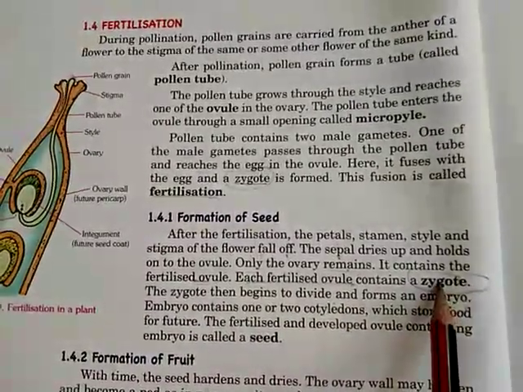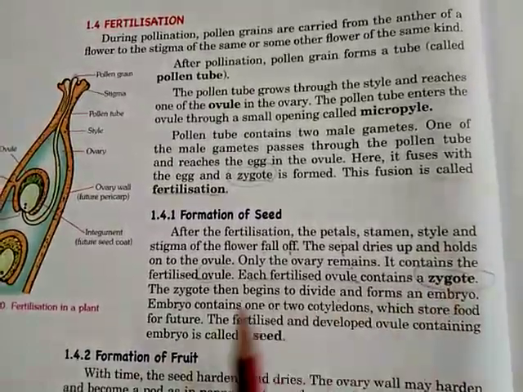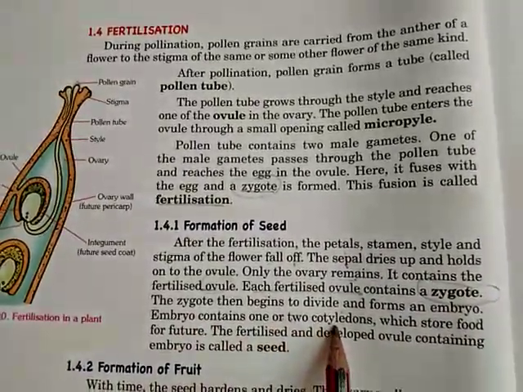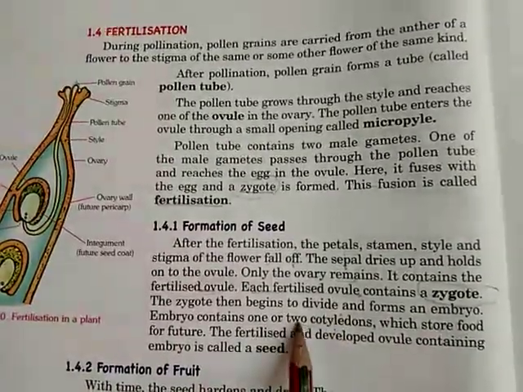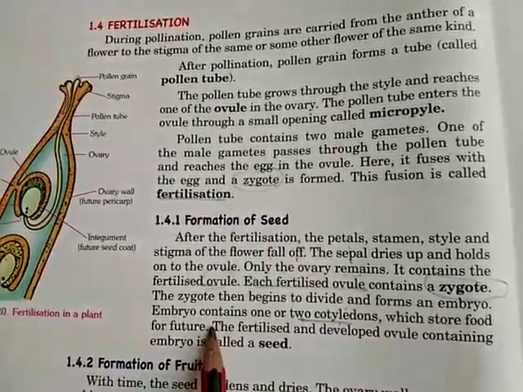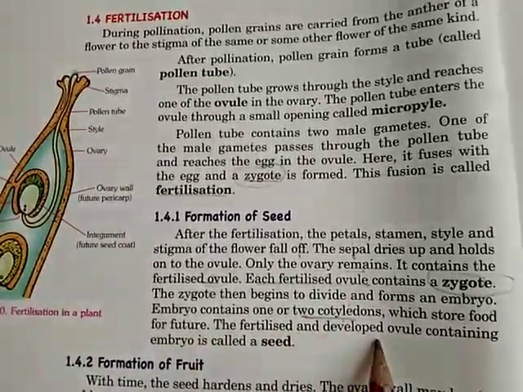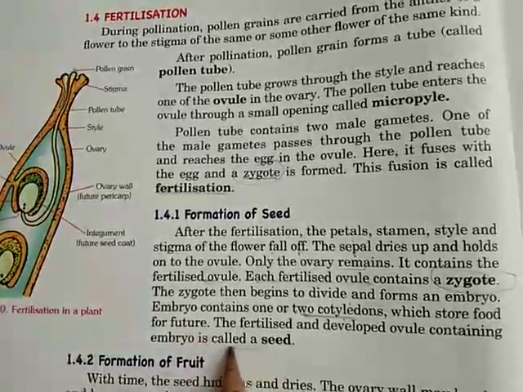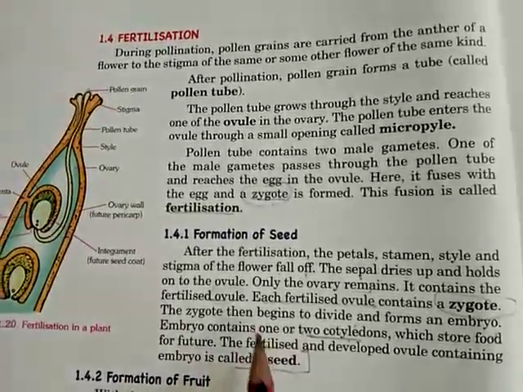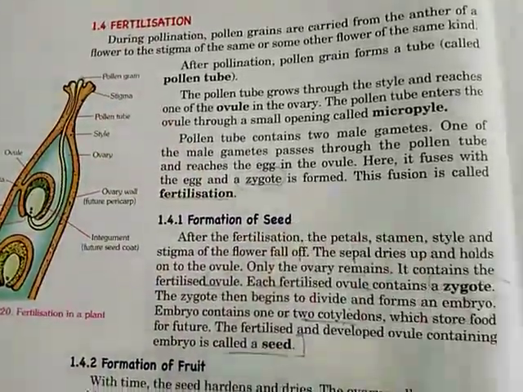The embryo contains one or two cotyledons, and the role of the cotyledons is to store food for future use. This fertilized and developed ovule containing the embryo is called a seed. So this is regarding fertilization and formation of seed.